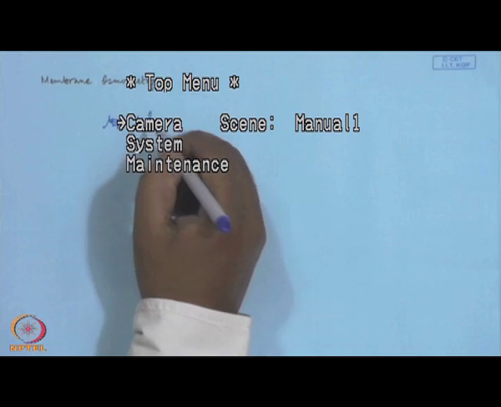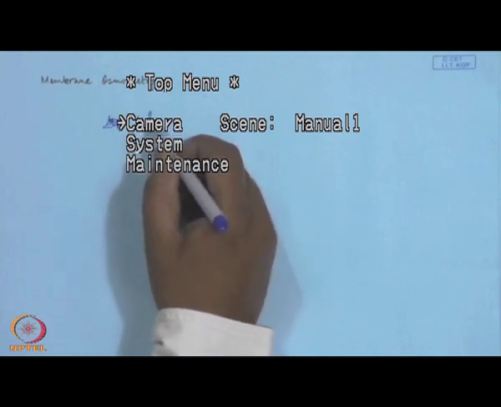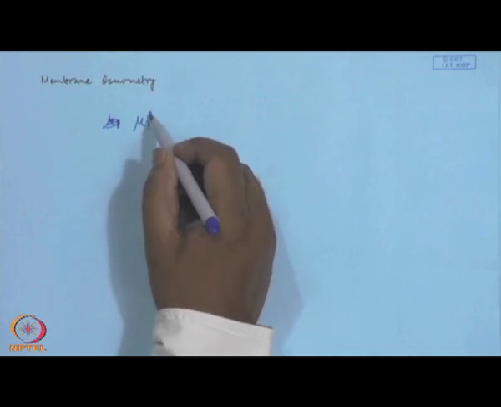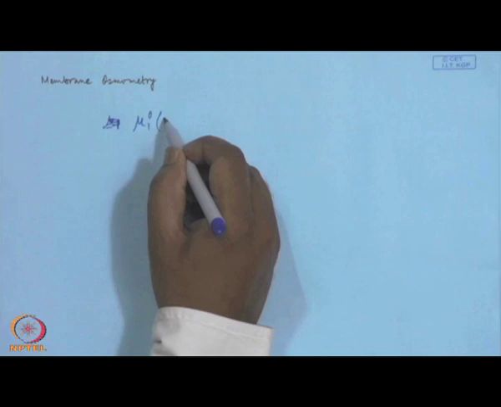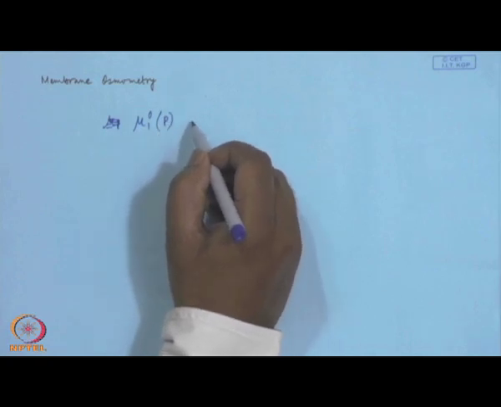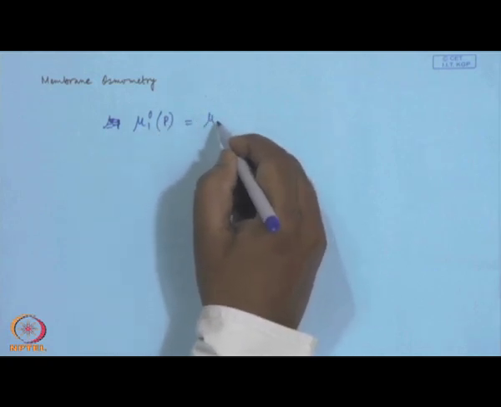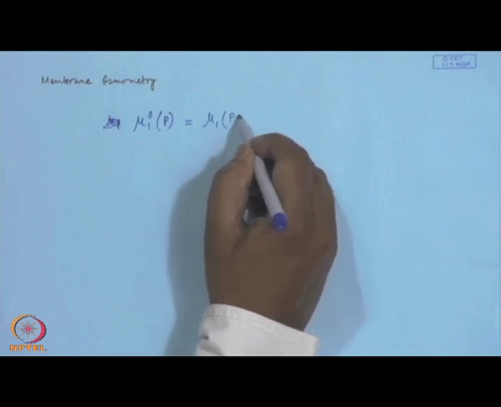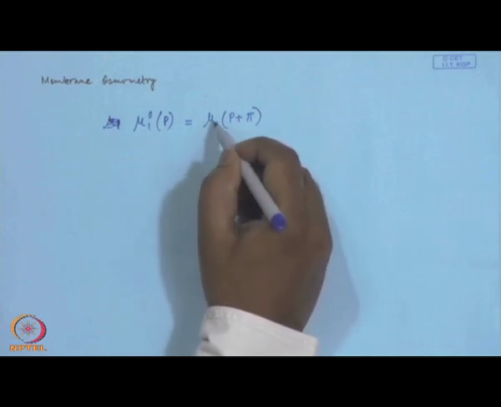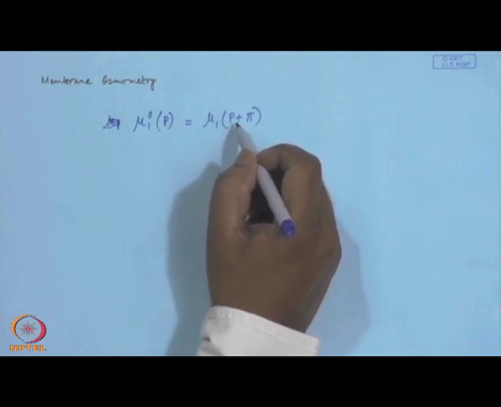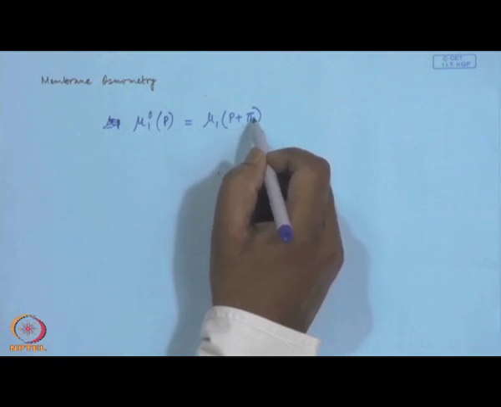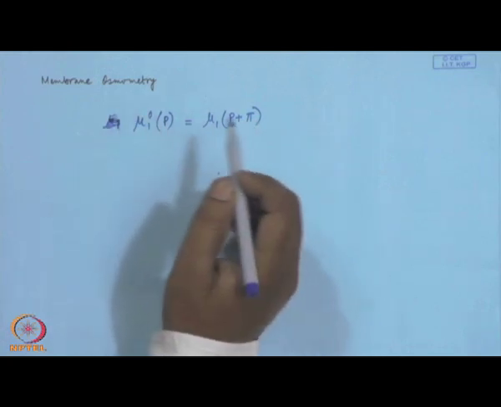So, if we write mu 1 for the solvent molecule, with the superscript 0 for pure solvent at the original pressure P, it will be equal to the chemical potential of the solvent where the pressure is increased from P to P plus pi, where pi is the osmotic pressure.